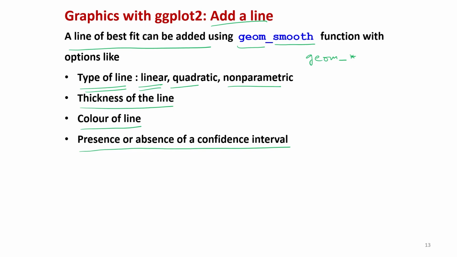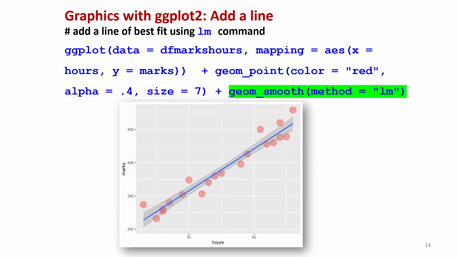Those who are familiar with statistics know that there is a concept of confidence interval, and whenever we make such a line, there is a confidence interval associated with the coefficient. If you want to plot them, those options are available here.